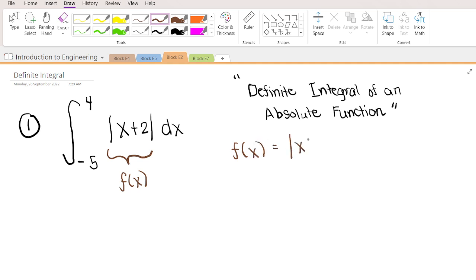So what makes this absolute function special? Basically, the absolute function is represented by two functions, one wherein the equation follows a certain pattern and another equation that follows a certain pattern.